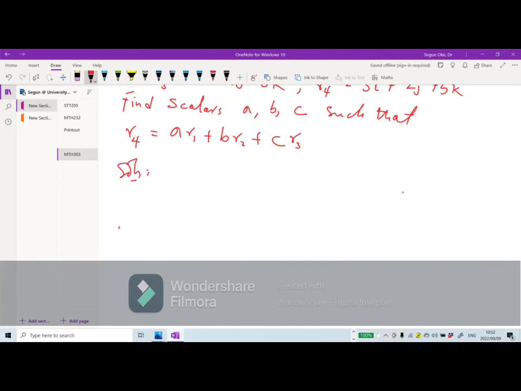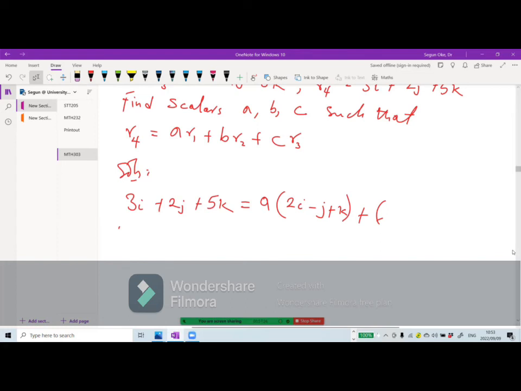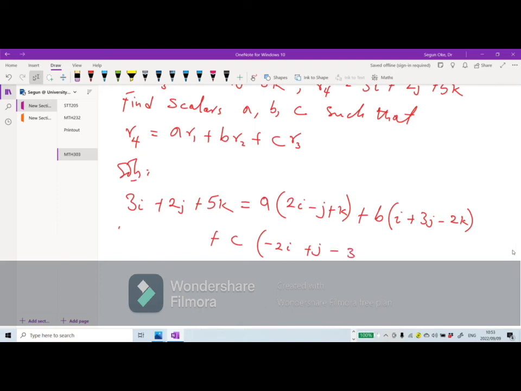The solution here is we have 3i plus 2j plus 5k, which is equal to A multiplying R1, which is 2i minus j plus k, plus B in bracket i plus 3j minus 2k, then plus C in bracket minus 2i plus j minus 3k.